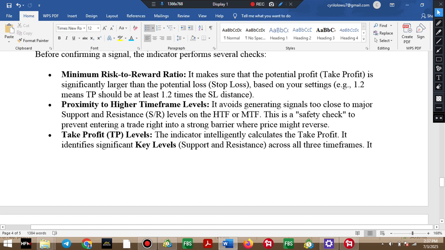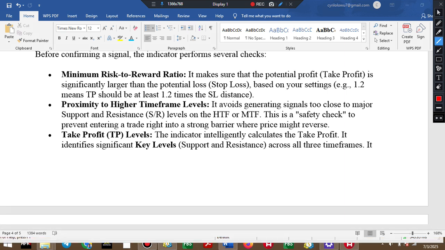Now let's say you notice that there is a strong support or resistance in your H1 or your H4, if you are using the H4 H1 settings, and it gets a signal around these zones, it's going to ignore that signal. So it wouldn't want you to enter a signal whereby after a little move it reverses immediately.